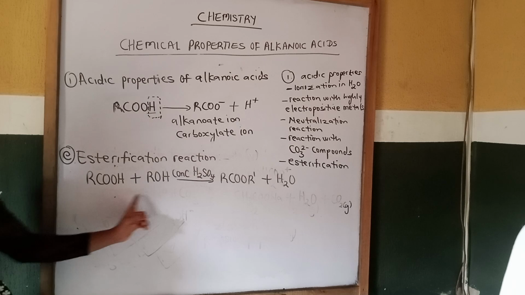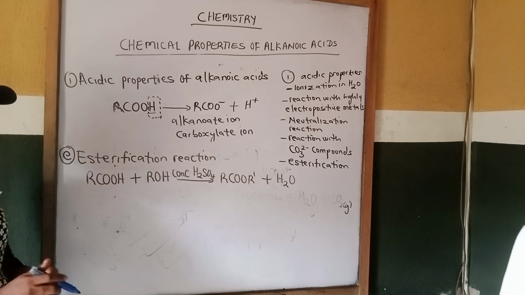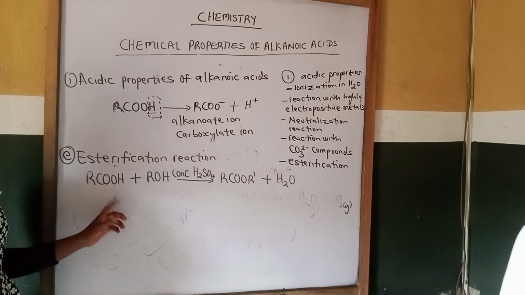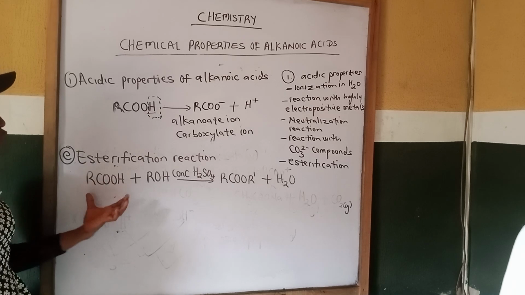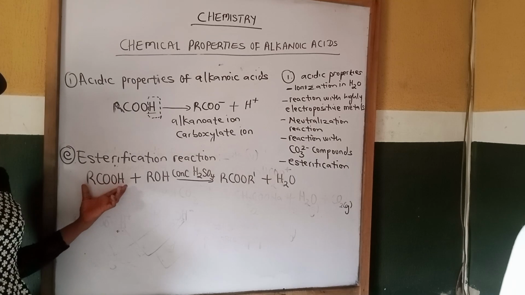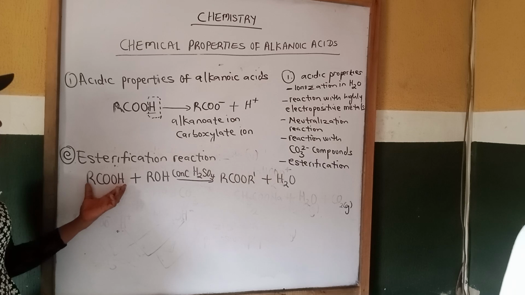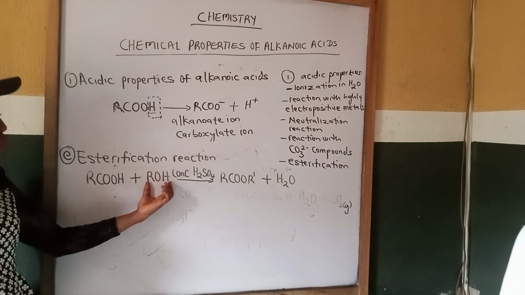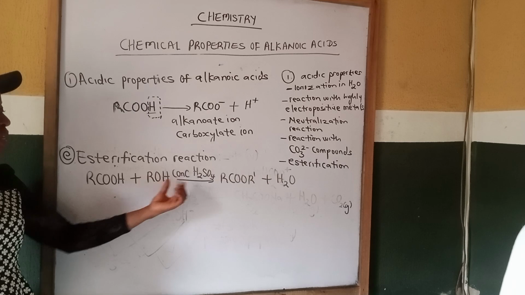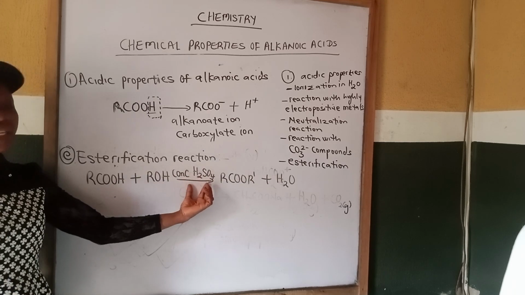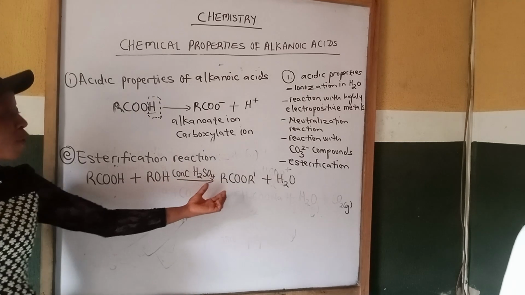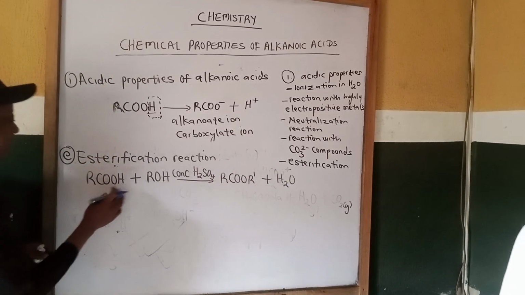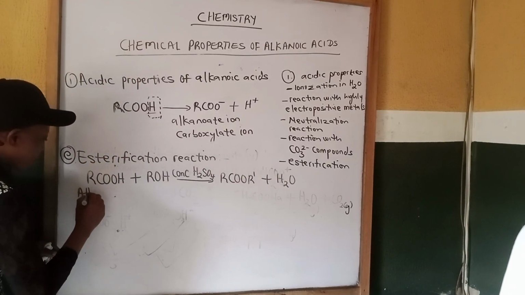So with this chemical equation you can define esterification reaction. Esterification reaction is a chemical reaction between alkanoic acid and alkanol in the presence of concentrated H2SO4 to form alkanoate and water. This is the general formula for alkanoic acid.